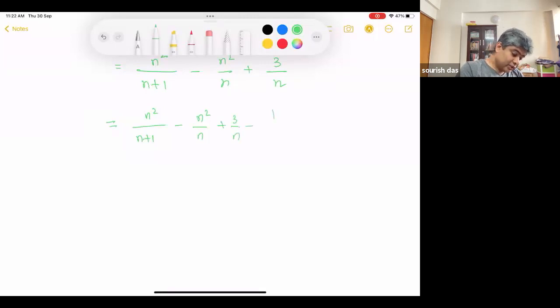I'll subtract 1 by n plus 1 and add 1 by n plus 1. Now what will happen is I can essentially club this n square by n plus 1 minus 1 by n plus 1 on one side, and I keep, now this guy I can cancel, so this is minus n plus 3 by n.